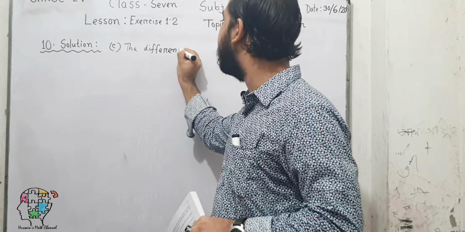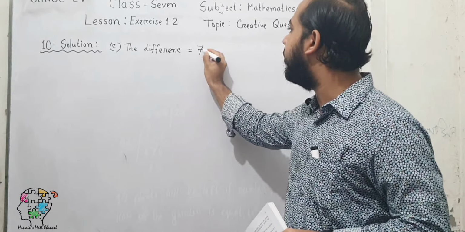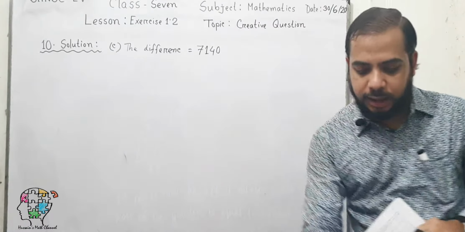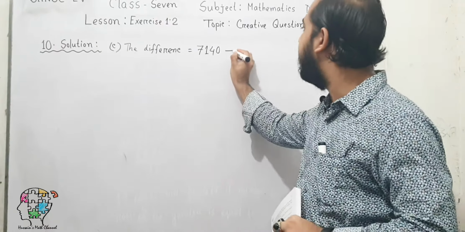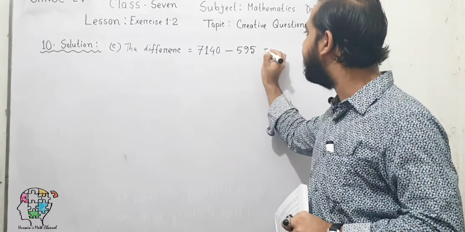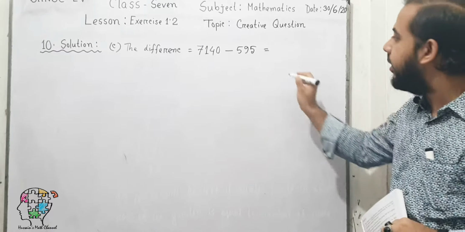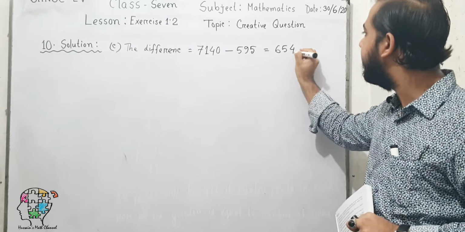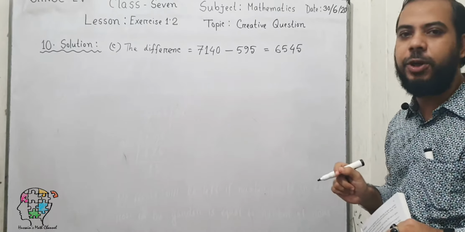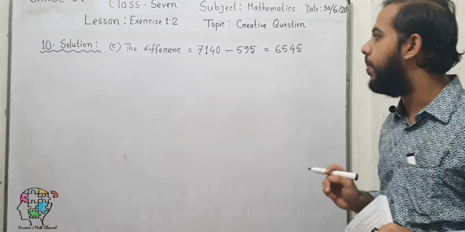So the difference is equal to the total money, 7,140, minus 595. So the difference will be 6,545. Now we have to check if 6,545 is a perfect square number or not.